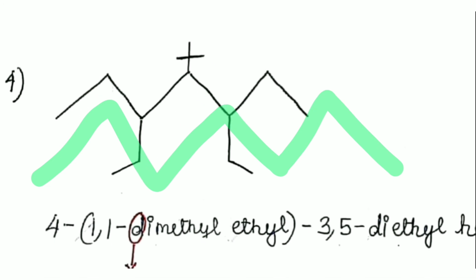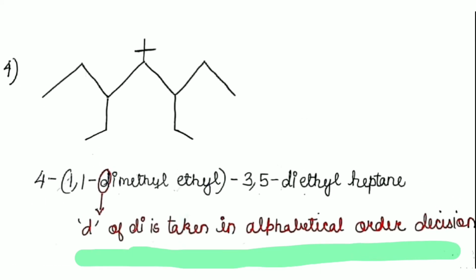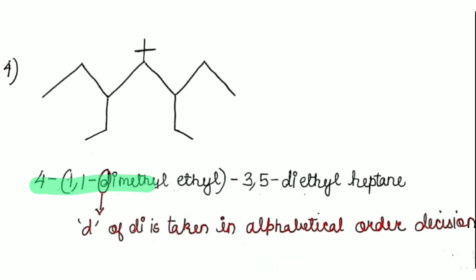That's the name of this compound. 4,1,1-dimethyl ethyl is in bracket, because it is the name of the side chain, and because it's in bracket, the D of the di will be taken in alphabetical order decision. So we get 4,1,1-dimethyl ethyl 3,5-diethyl heptane. That's the name of the compound. Now let's look at the next example.